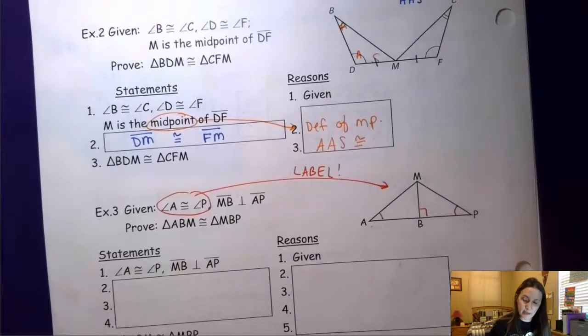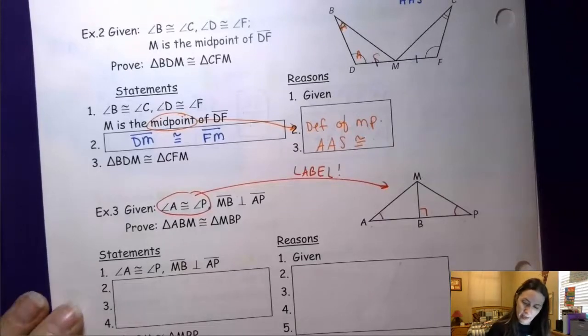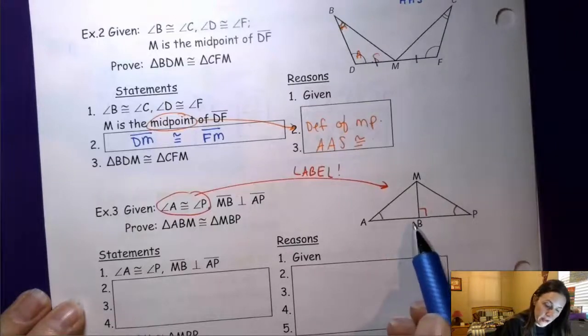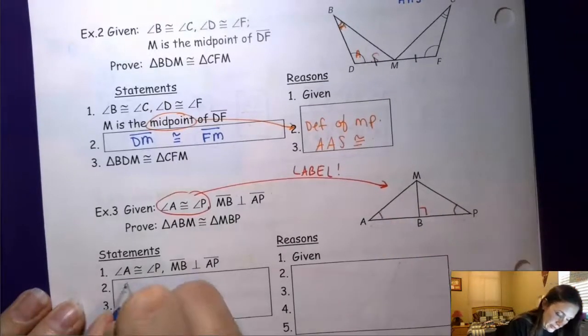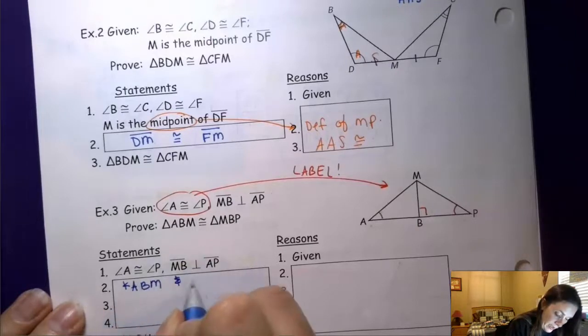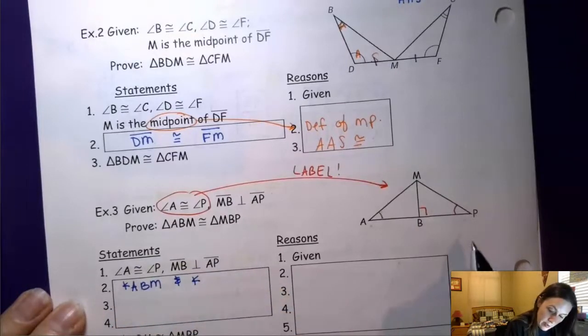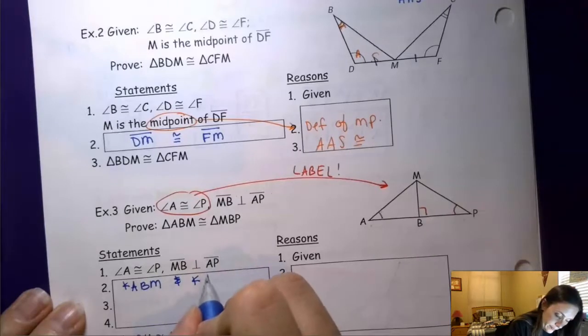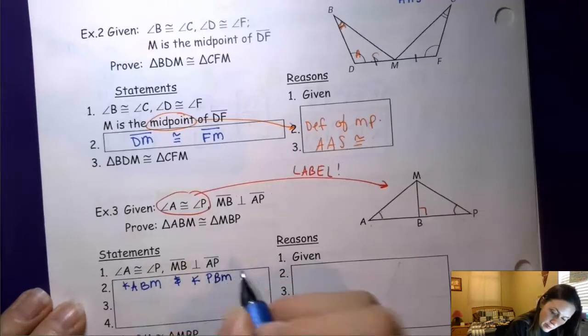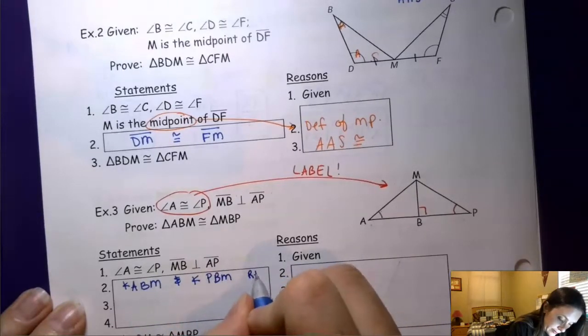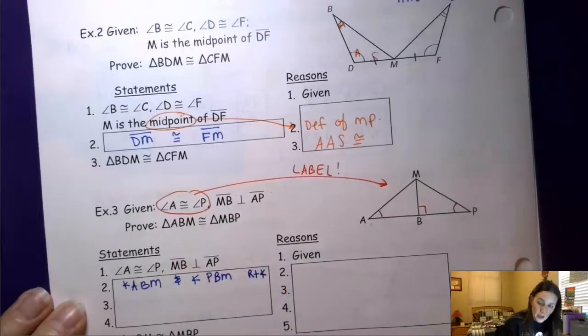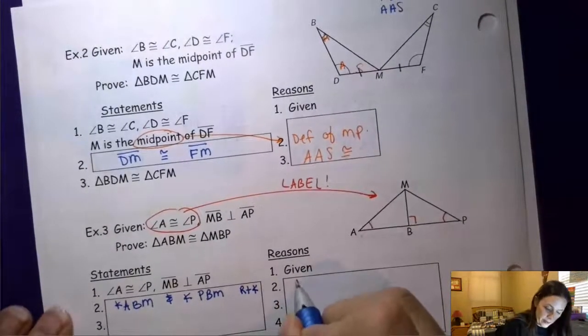So things that I can now say because of this: if this is perpendicular, I know that angle ABM and angle PBM are right angles, because that's my definition of perpendicular.